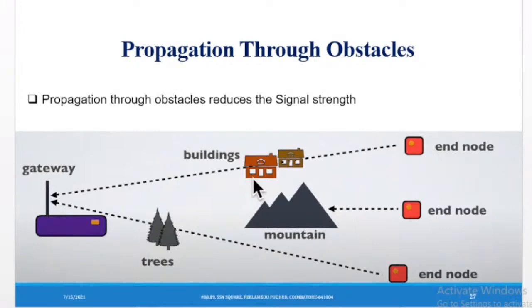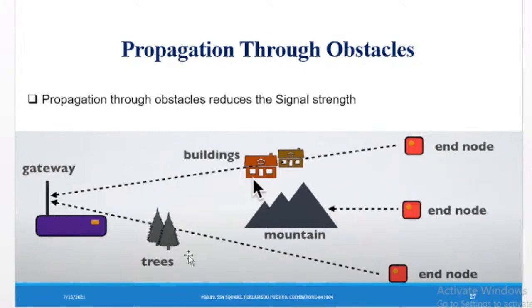Why? Because the penetration loss of that signal strength on that concrete is very high. The power is reduced there itself, so that coverage range will reduce.